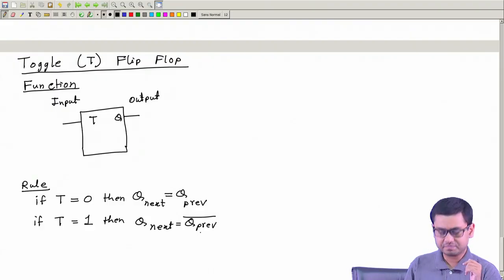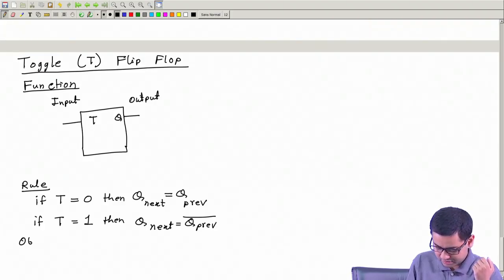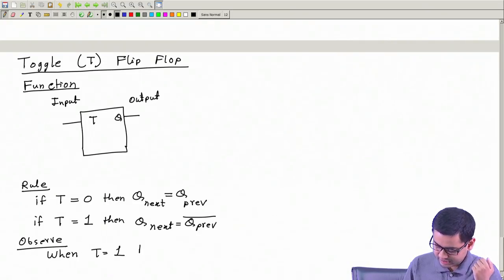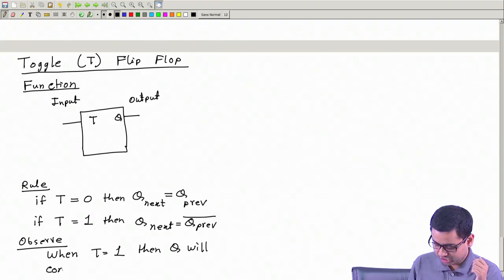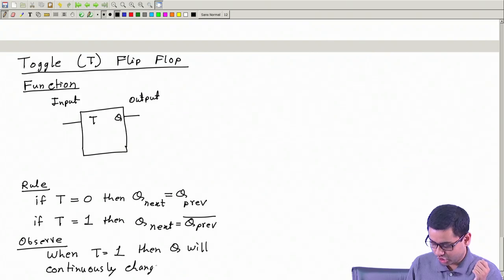Now, there is a small observation. When T is equal to 1, the output will continuously change, continuously oscillate, or toggle.